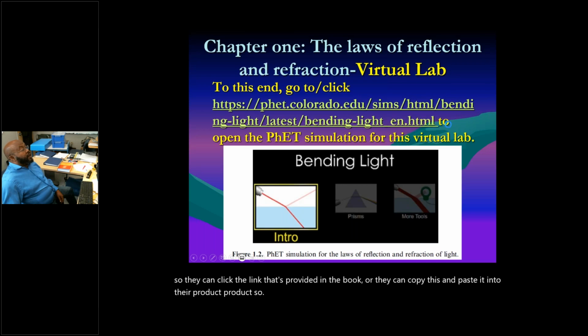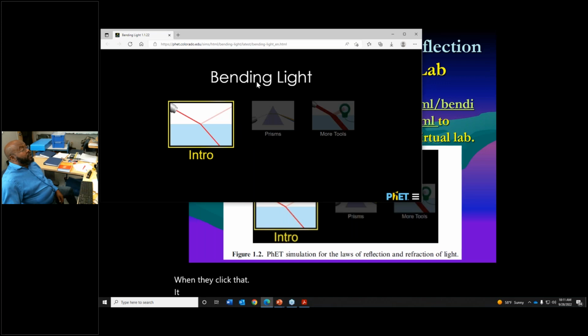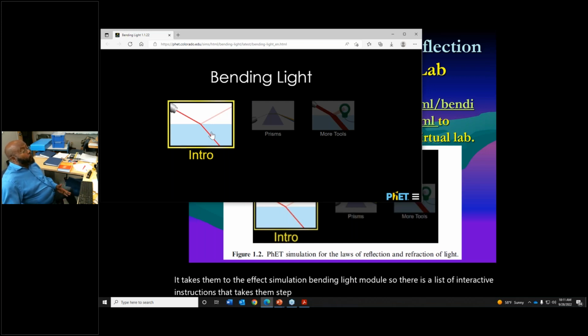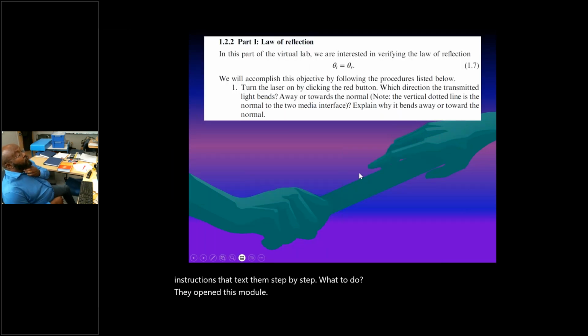When they click that, it takes them to the PhET simulation Bending Light module. There is a list of instructions that takes them step by step through what to do. So they open this module and then follow the instructions.